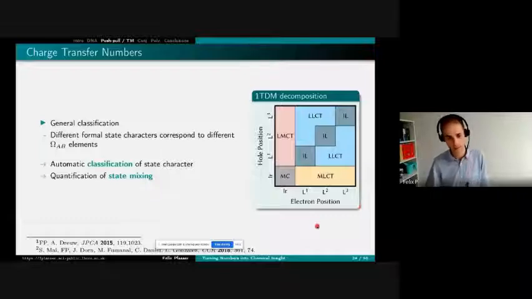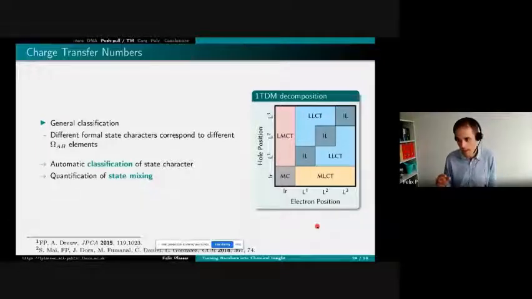And the nice thing here is that this exactly corresponds to the way that people like to talk about excited states in these systems. A metal-centered state is if the hole and the electron are both on the metal. A metal to ligand charge transfer is if the hole is on the metal and the electron is on the ligand.